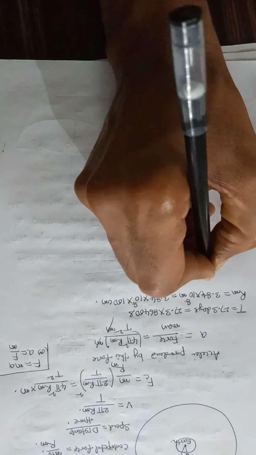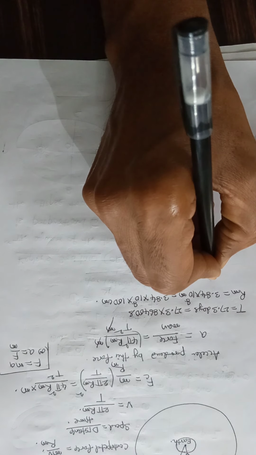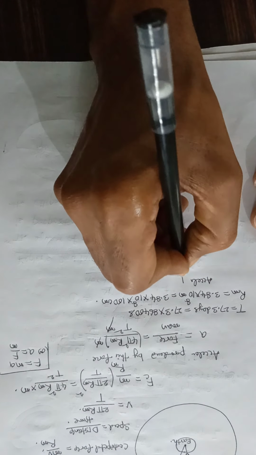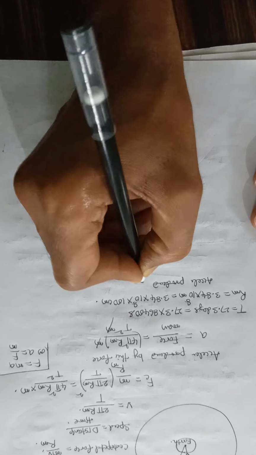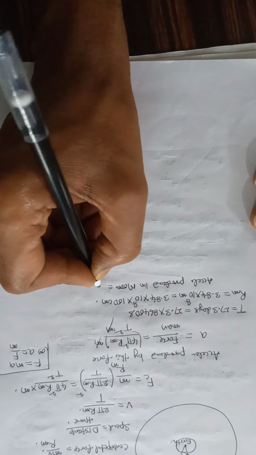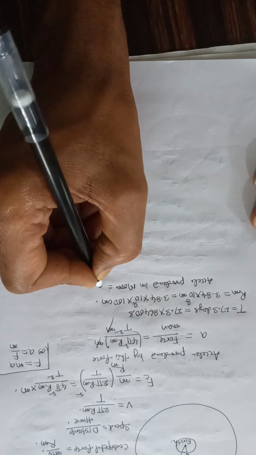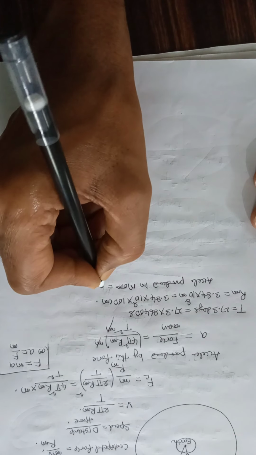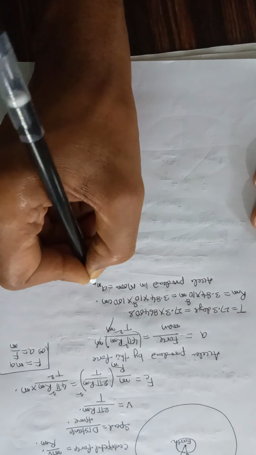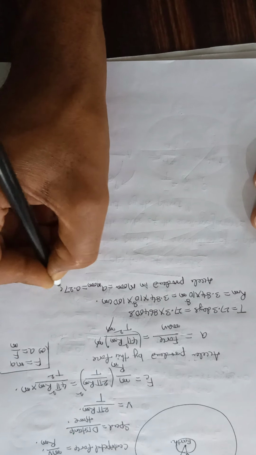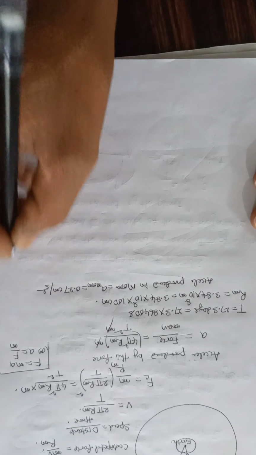Substituting these values, the acceleration produced in the moon will be 0.27 centimeter per second square.